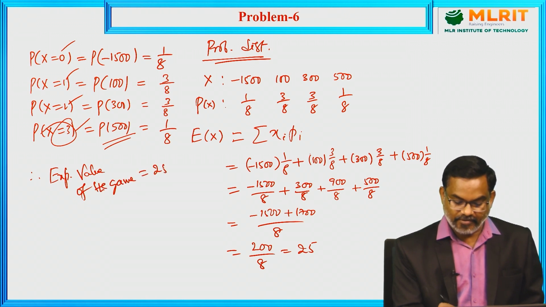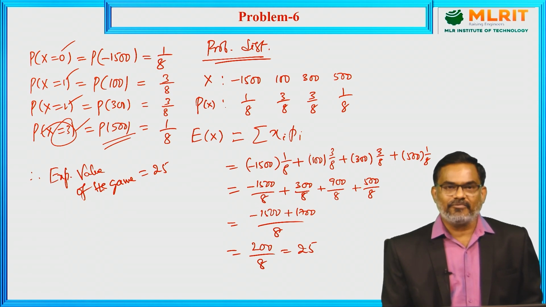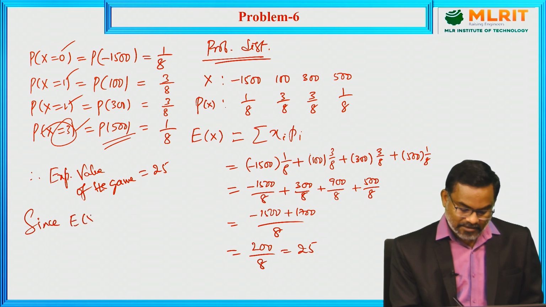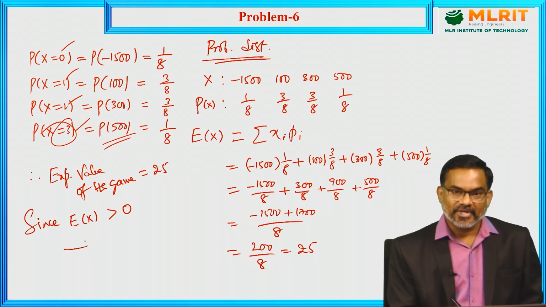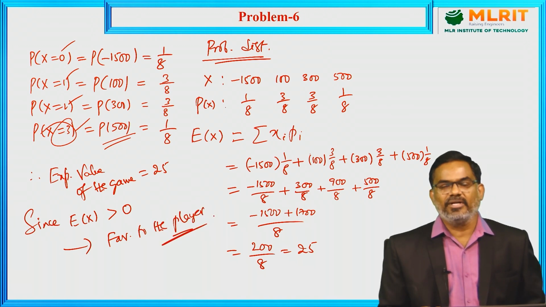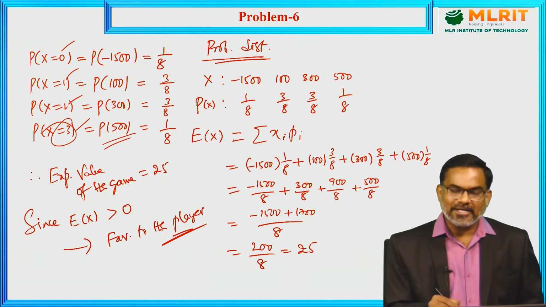Now another question is given: is the game favorable to the player? Since the expected value is positive, it is favorable to the player. If we get a negative value, it is not favorable. Since the value is positive, yes, it is favorable. It depends on the amount.